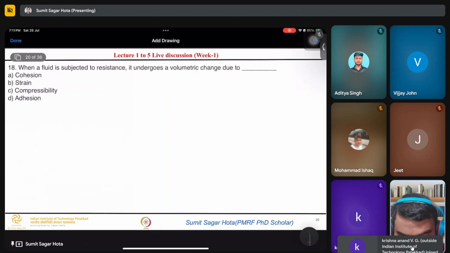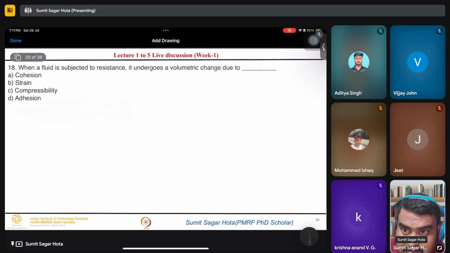When a fluid is subjected to resistance, it undergoes a volumetric change due to dash. Cohesion, adhesion, strain, these are also options, but they are not subjected to any resistance.